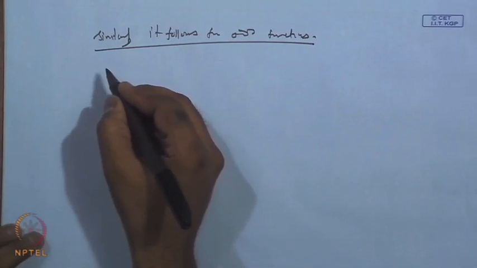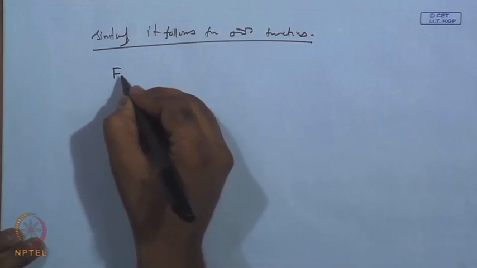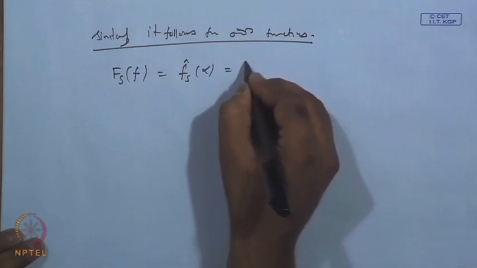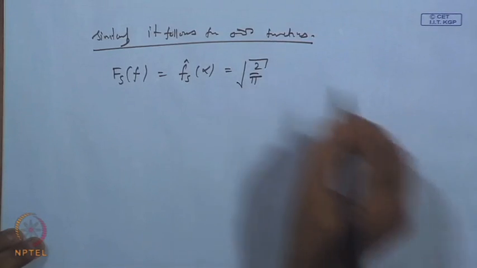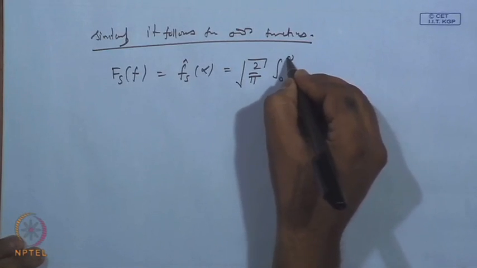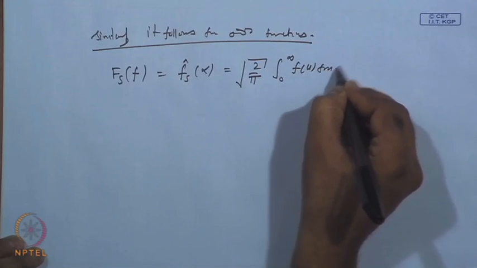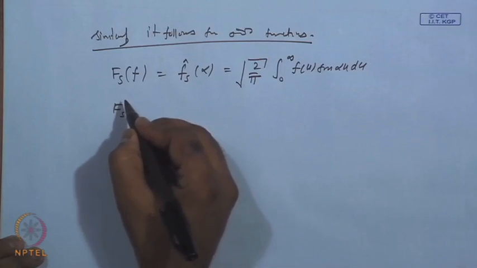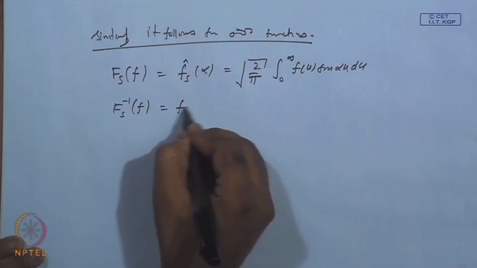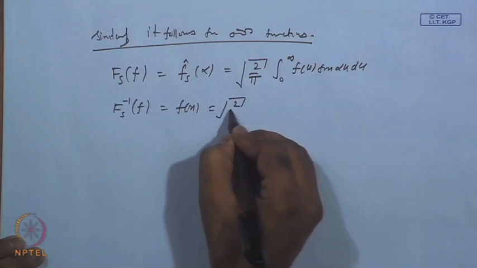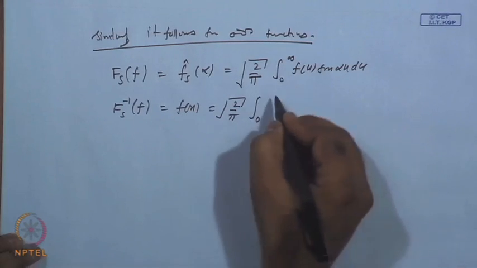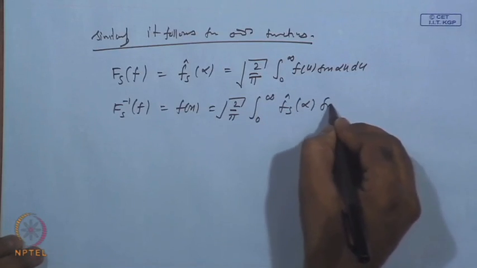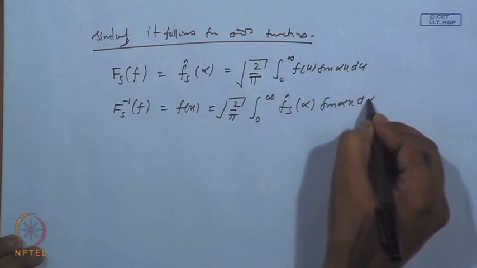For odd functions, the Fourier sine transform of f, denoted F_s(α), is square root 2 over pi, integral from 0 to infinity, f(u) sin(αu) du. And similarly the inverse Fourier sine transform gives f(x), equal to square root 2 over pi, integral from 0 to infinity, F̂_s(α) sin(αx) dα.